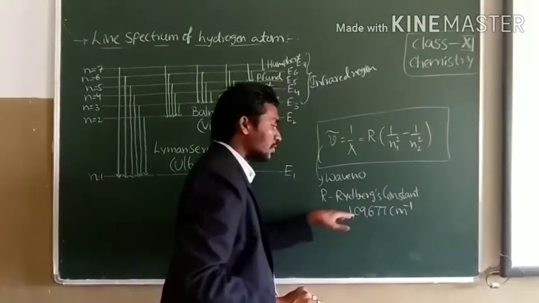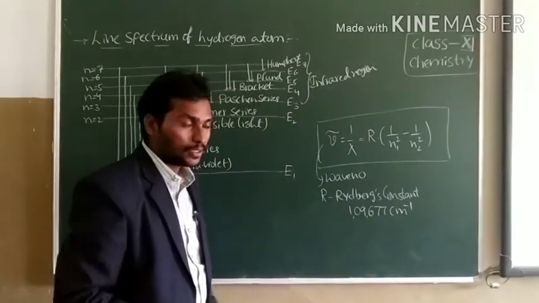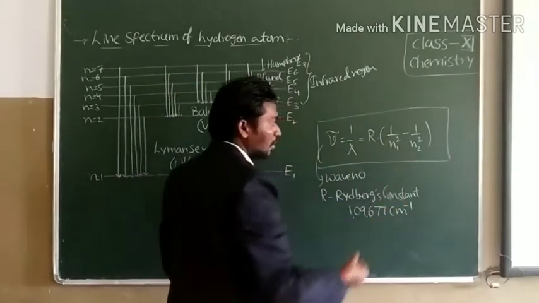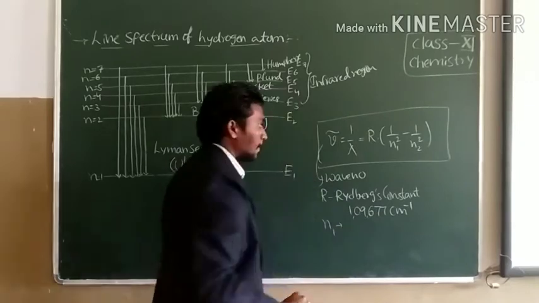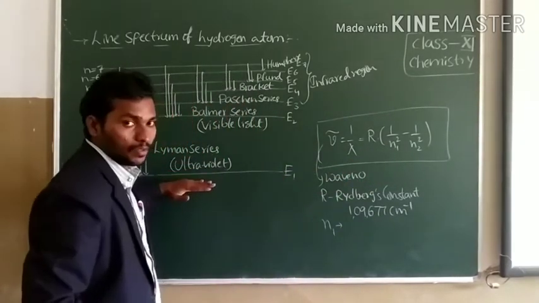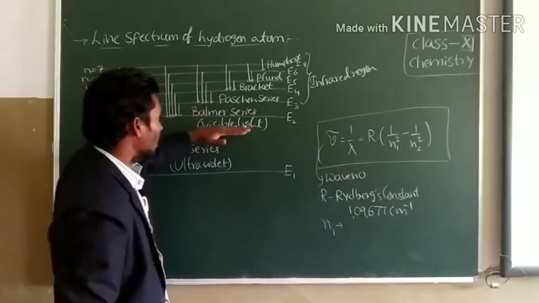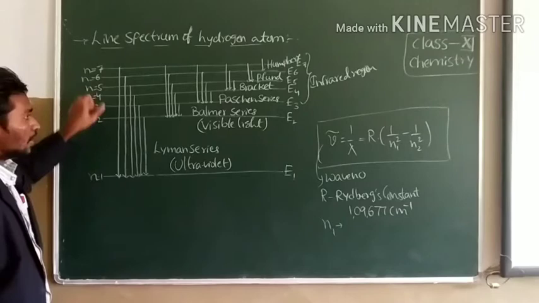It is the value of the Rydberg constant. What do n1 and n2 represent? n1 is the lower energy level and n2 is the higher energy level.